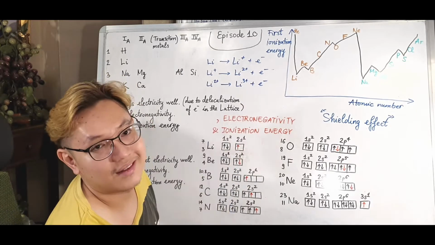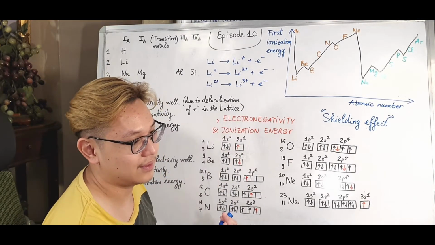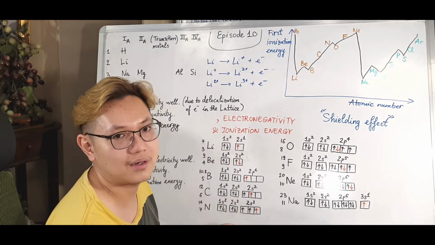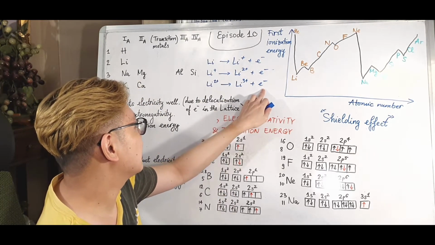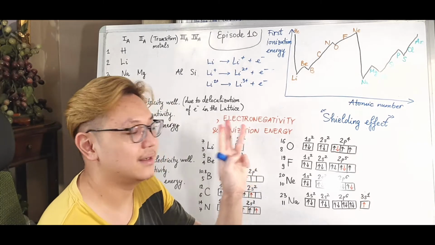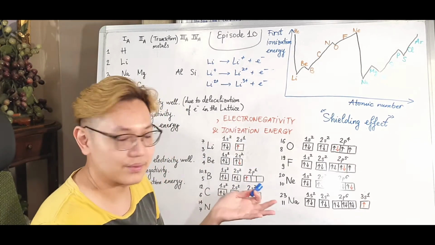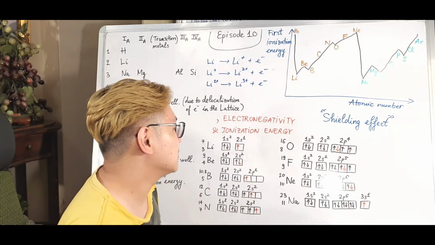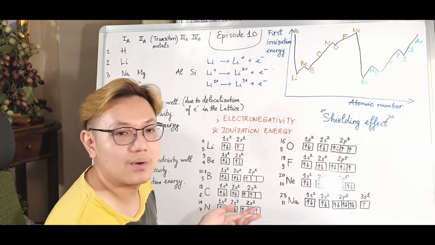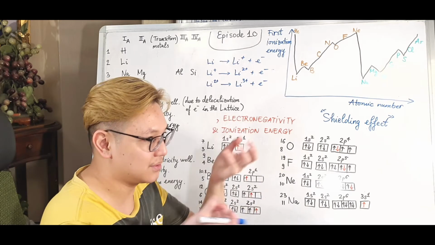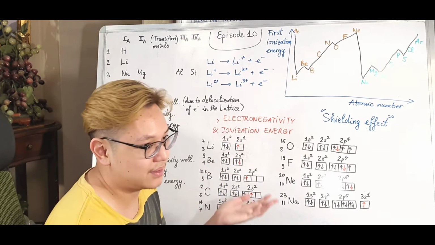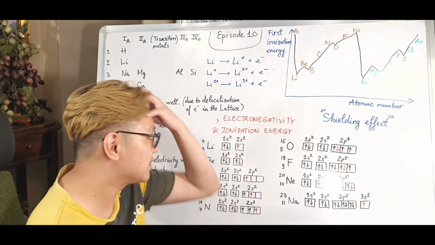But I would need a lot more energy because I have to go through three different processes. That one requires the third ionization energy, and so on. As long as there are still electrons to be squeezed out of the atom, you will still have another kind of ionization energy.